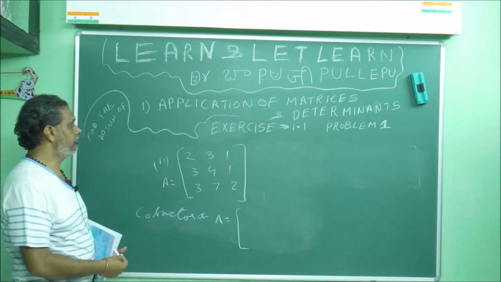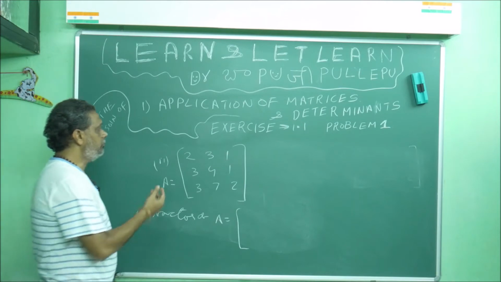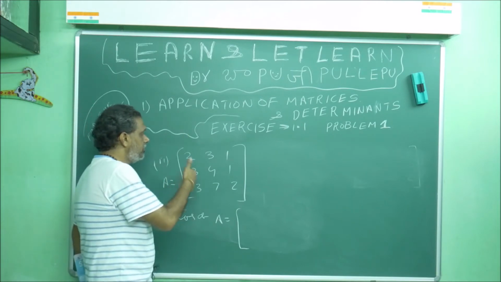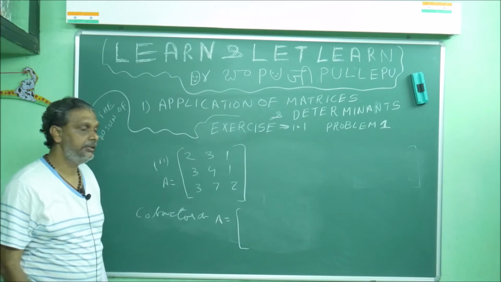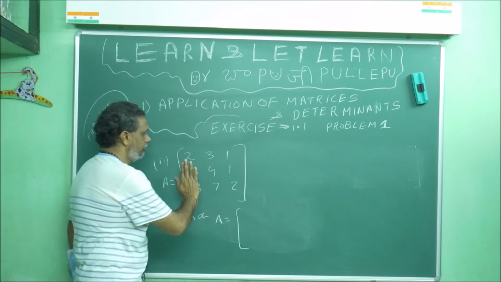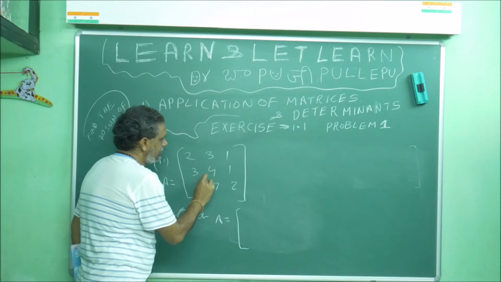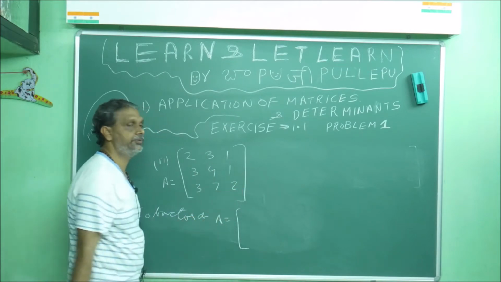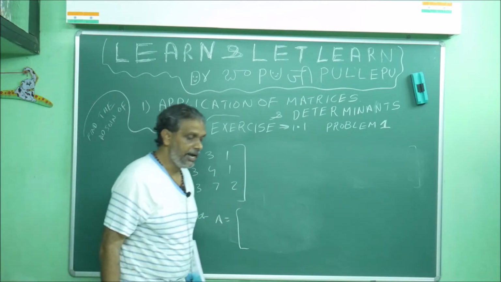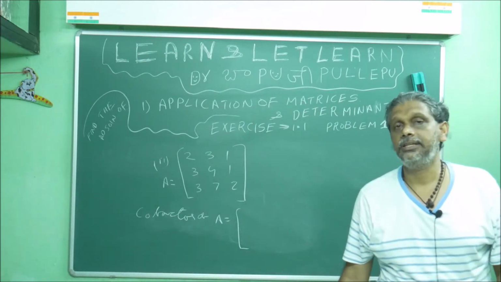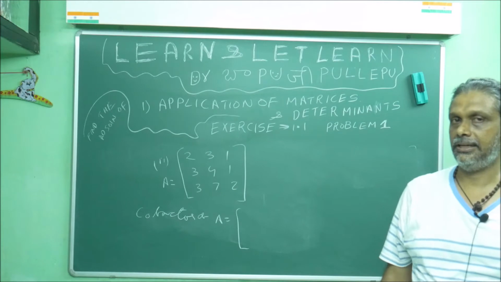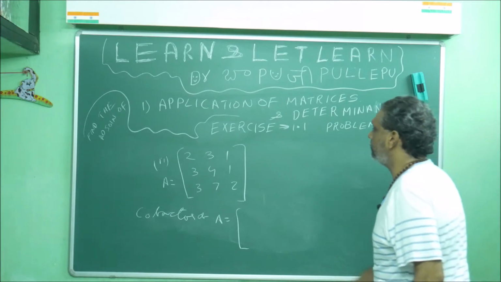Now, how do you find the cofactor of 2? Leave the row and column where it stands, the first row and first column. The balance is 4, 1, 7, 2. If the matrix is a, b, c, d, the determinant is ad minus bc. Correct or not? So what is the cofactor of 2?